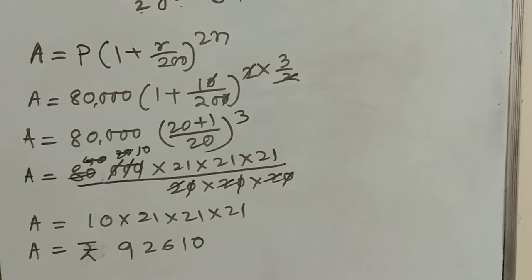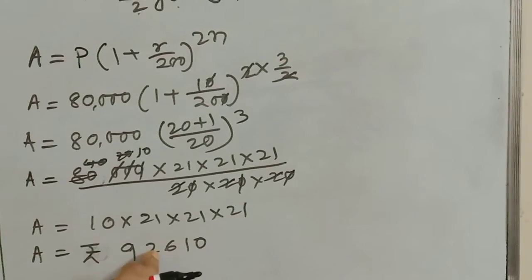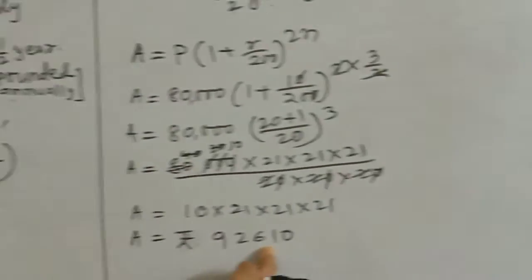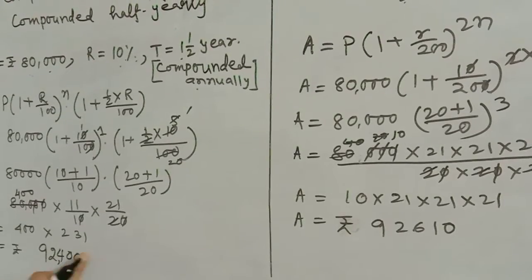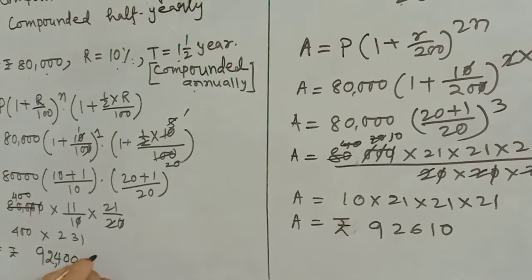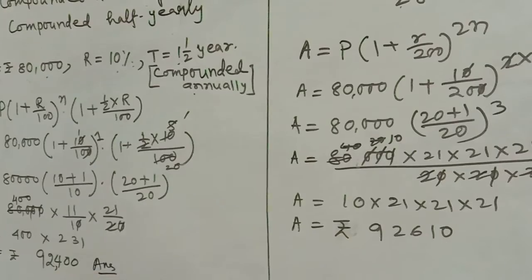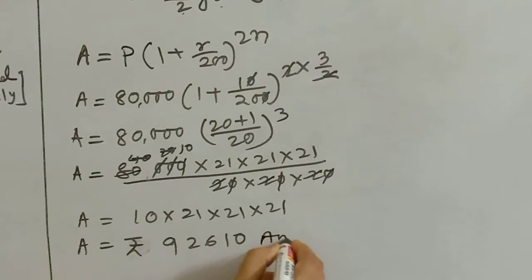Find the difference in amounts. Here the amount is 92,610 and previous case it was 92,400. So you have to find both the amounts and at the same time you have to find the difference also.